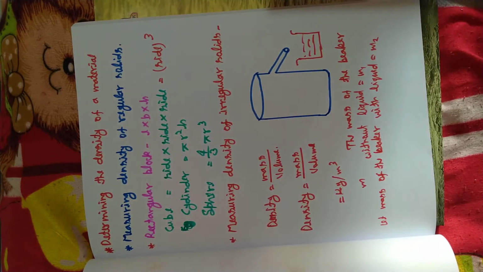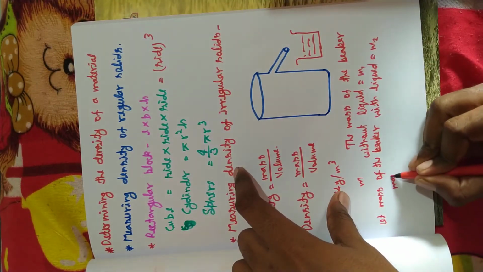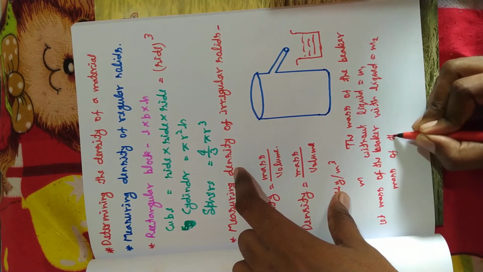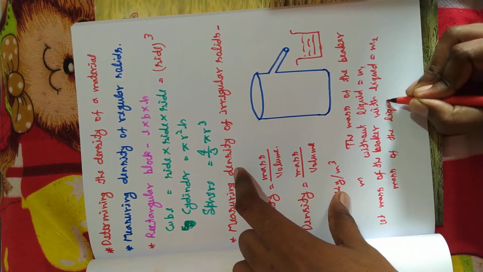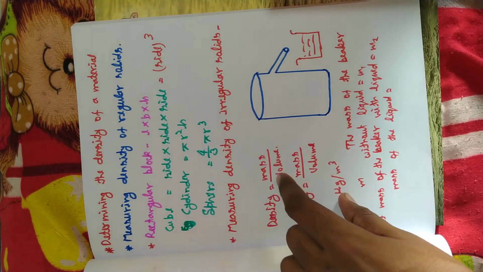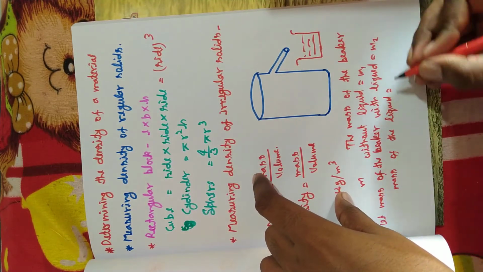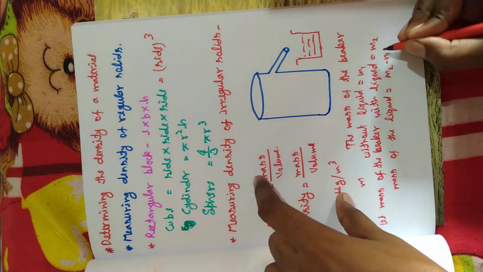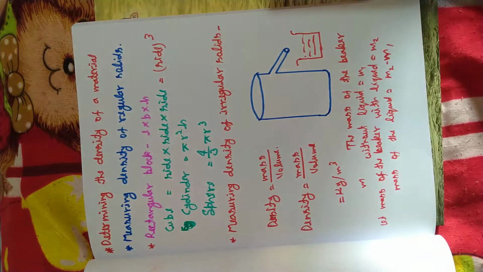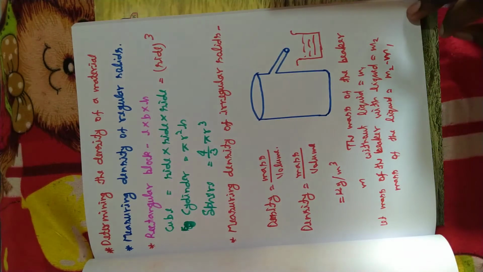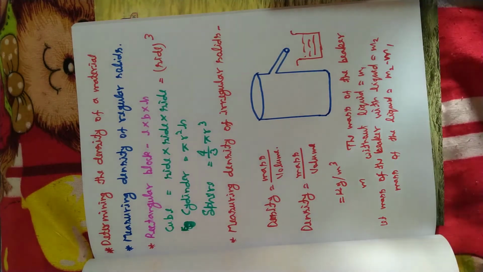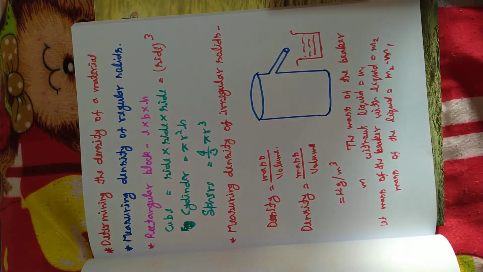So you can easily find the mass of the liquid, and the mass of the liquid is equal to M2 minus M1. This minus this. To convert the mass of water into volume, we use the formula density is equal to mass upon volume. The density of water is 1 gram per centimeter cube, so we use the density 1 gram per centimeter cube.